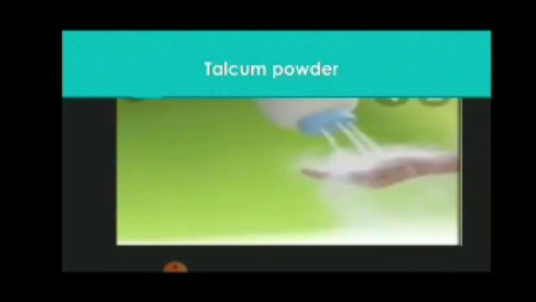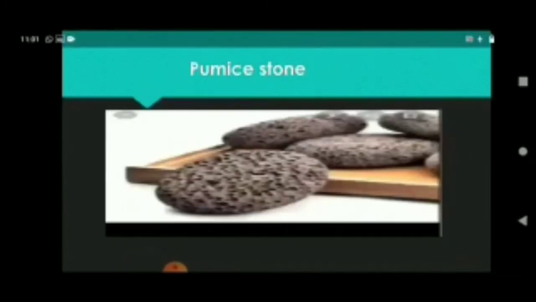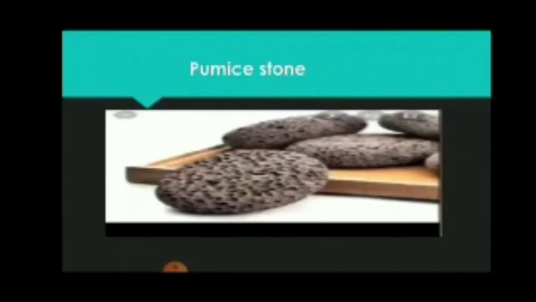Then we have the last one, granite. Granite is a very hard, granular, crystalline rock consisting of feldspar and often used for building stones. They are also used to make railways and roads. These were the uses of rocks.